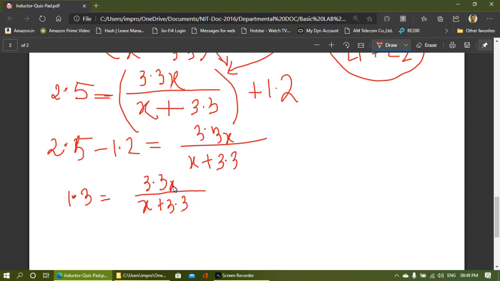So now if we cross multiply both, then we will get 3.3x is equal to 1.3x plus 4.29.